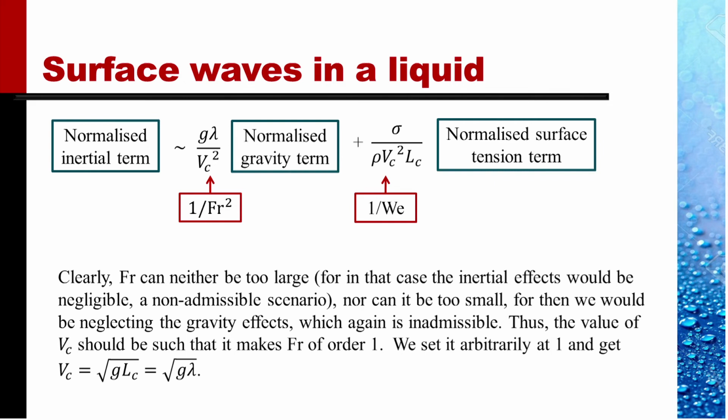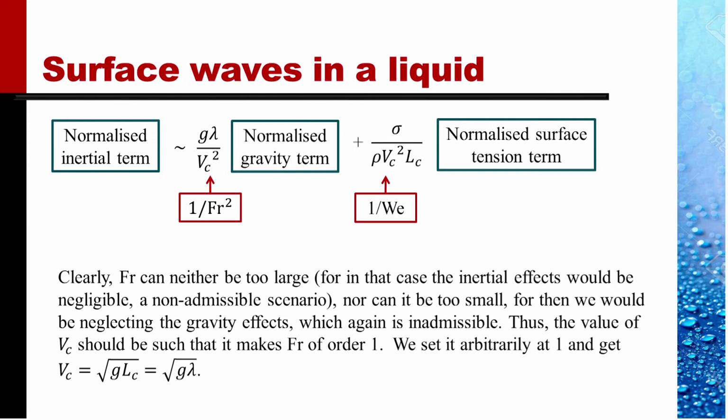Thus, the value of the Froude number should be of the order 1. Since Vc is yet unknown, we assert that the value of Vc should be such that it makes the Froude number of order 1.